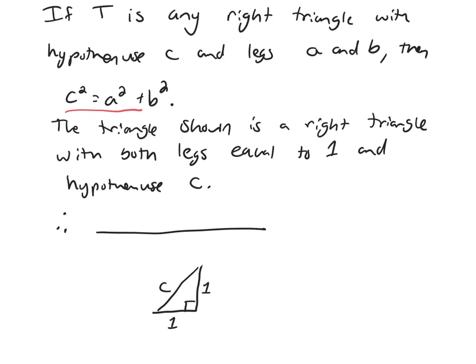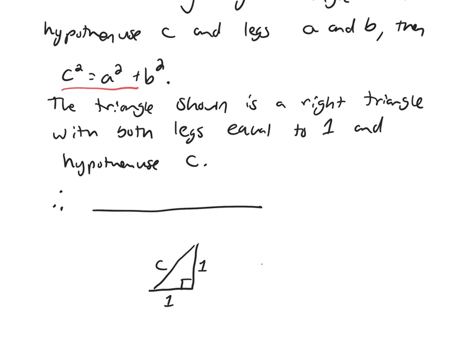Here we have a particular triangle. And so all we've got to do is apply that formula that I underlined in red up here to this particular triangle. So you would get that c squared equals 1 squared plus 1 squared. And that would be the conclusion you would need to fill in.